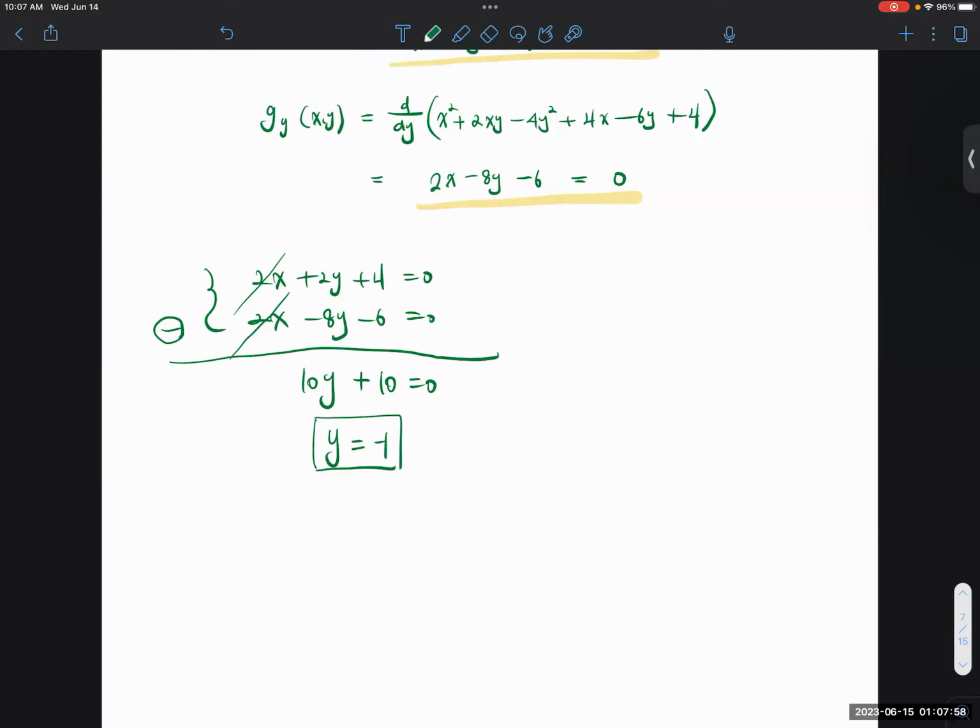You're going to plug in negative 1 into one of the equations. It should give you 2x plus 2y equal to negative 4. So my bad, I'm just plugging in. So 2x equal to negative 2, x is also negative 1.